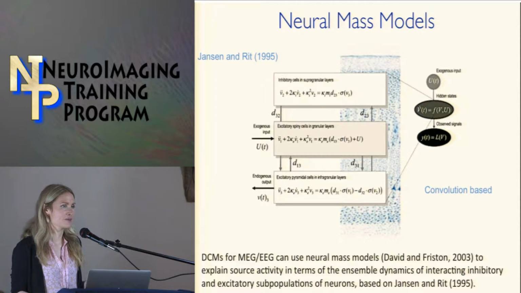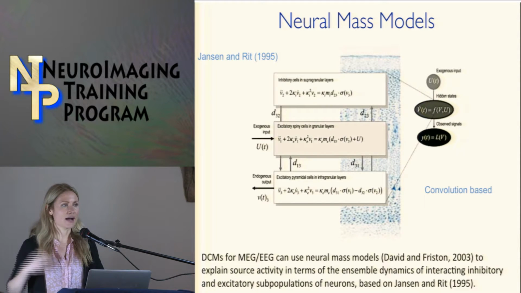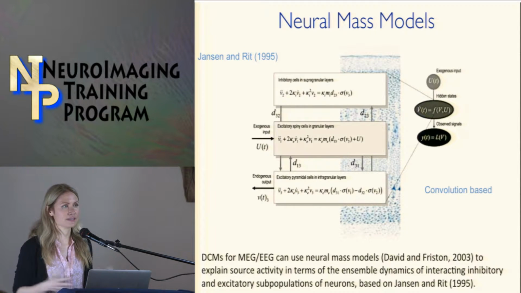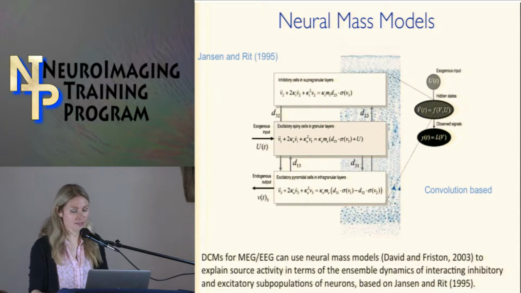This is particularly important in later evolutions of this model, because if you're interested in looking at different frequencies, we know that higher frequencies tend to be more prevalent in the superficial layers, and lower frequencies tend to emerge from the deeper laminar layers. And there are also asymmetries in the information being sent and received from those different laminar layers in terms of the frequencies.